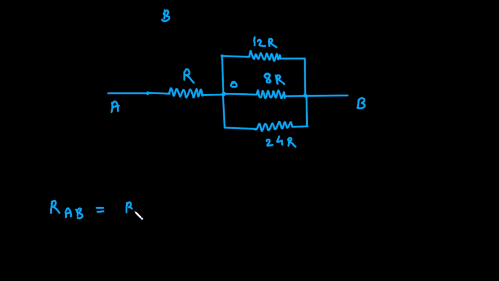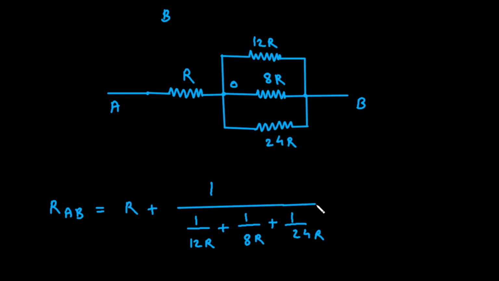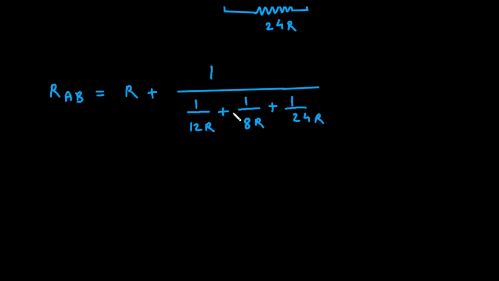So therefore RAB is equal to R, plus, now these three are in parallel, so it will be simply 1 upon 1 by 12R, plus 1 by 8R, plus 1 by 24R. Now to simplify this, first we have to simplify this term.